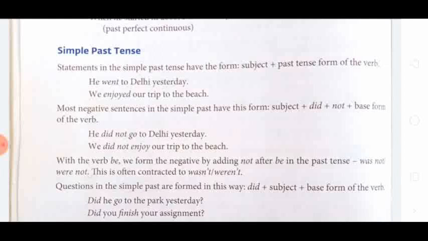See, went changes into go. Then with the verb be, be means is, am, are, was, were, these are the be verbs, we form the negative by adding not after it in the past tense, meaning was not or were not. This is often contracted to wasn't or weren't.